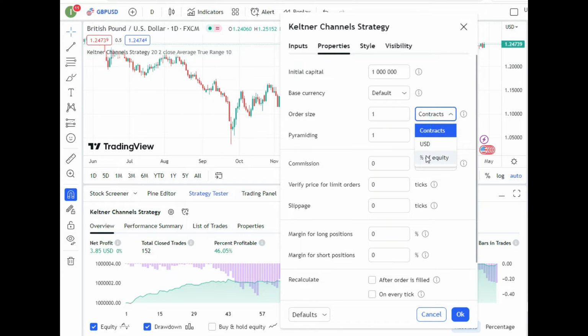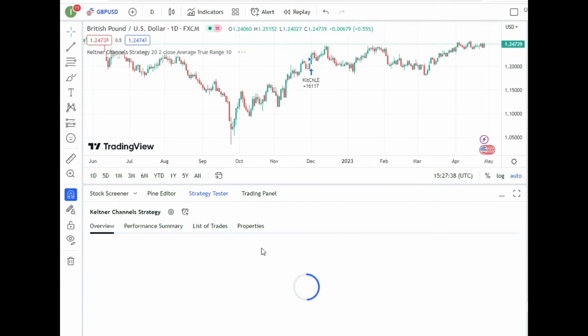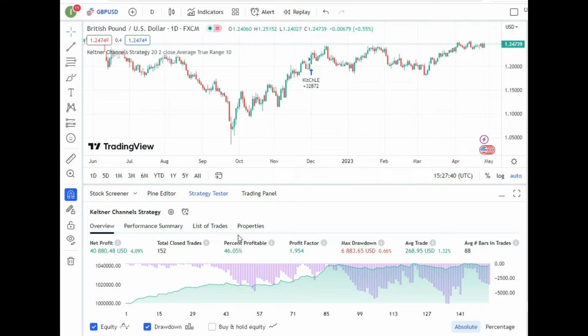For example, I can set that I risk 2% of my equity. I usually use 1. We can put it here and we can see that over the last 50 years, we will have almost $41,000 profit and almost a 2 profit factor if we use this kind of strategy.